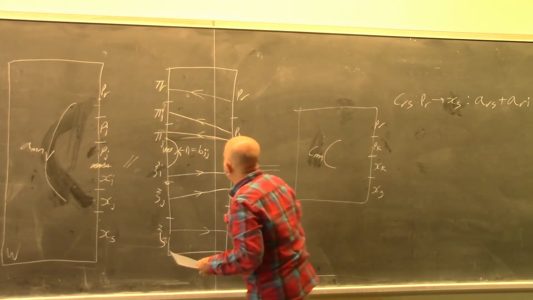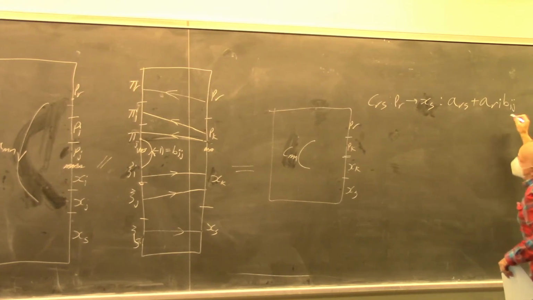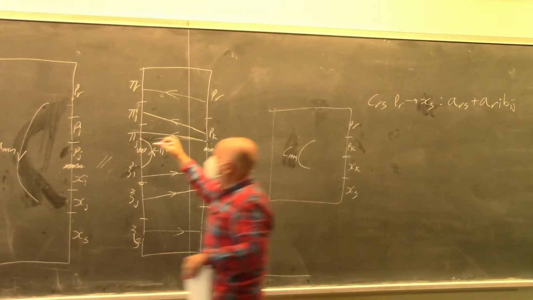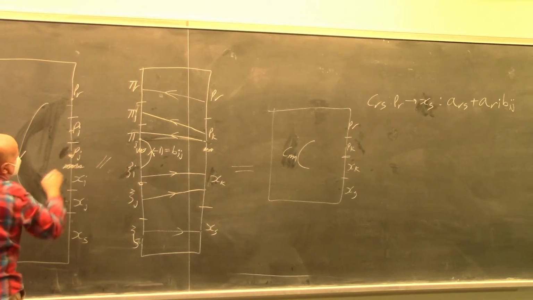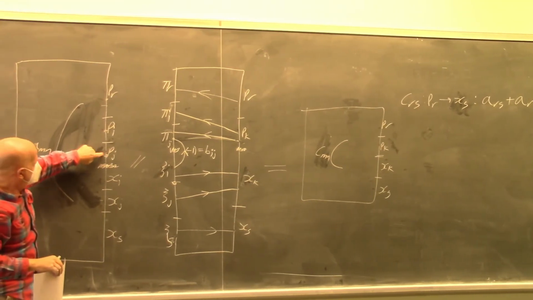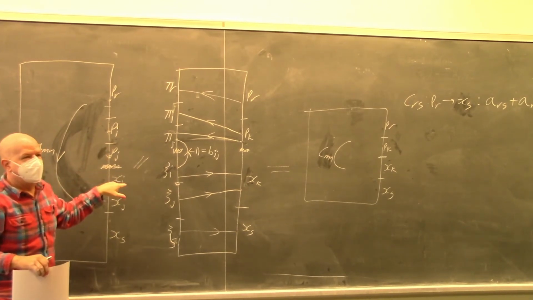So that will give me a Bij, a contribution Bij, which secretly we know is -1. Okay? Now I am here. And now I can continue looping an arbitrary number of times.